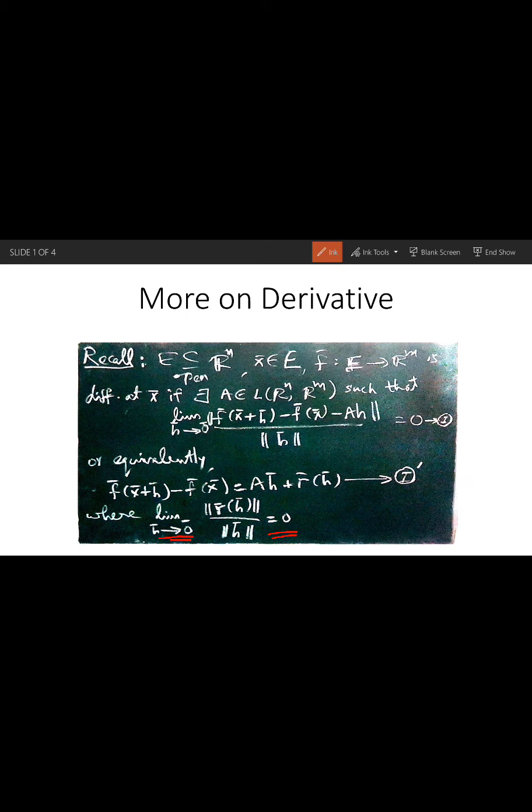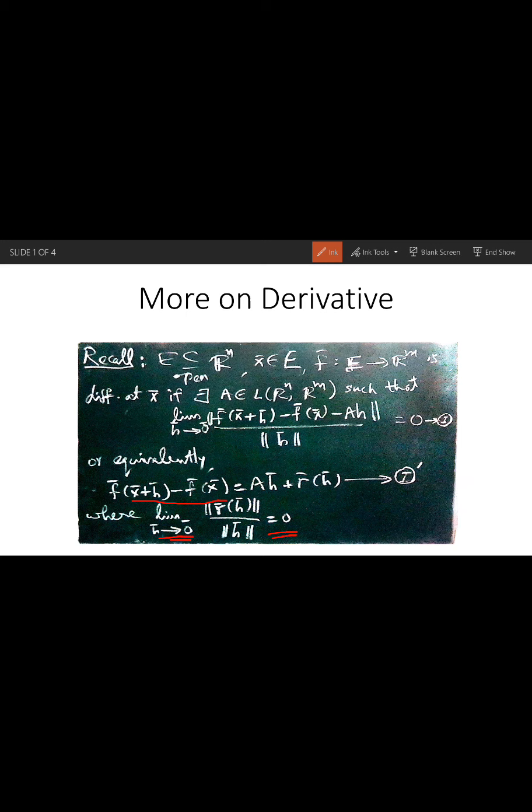So what is 1 dash? f of x plus h minus f of x is equal to ah plus r of h. Now what is continuity? As h tends to 0, f of x plus h must tend to f of x. That is precisely continuity of f. I am assuming f is differentiable at x. That means 1 dash holds.